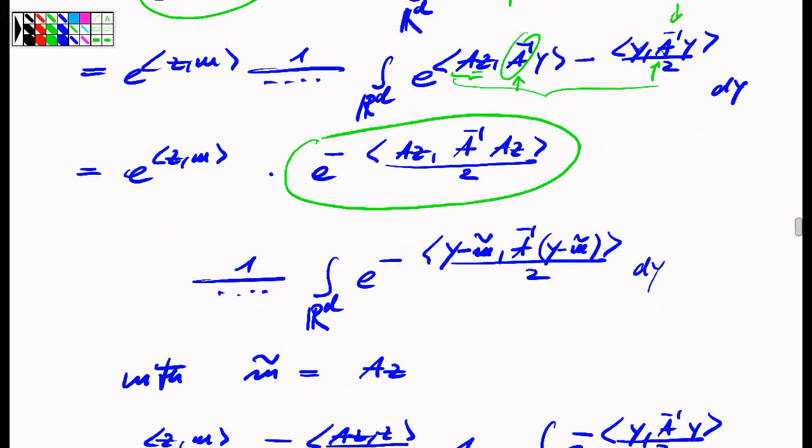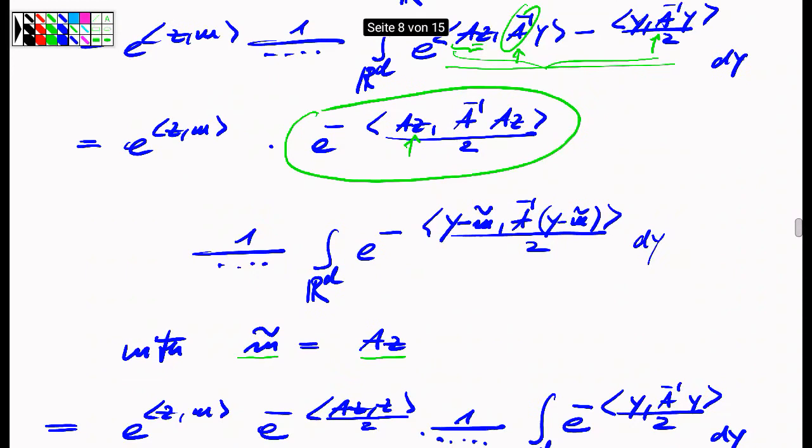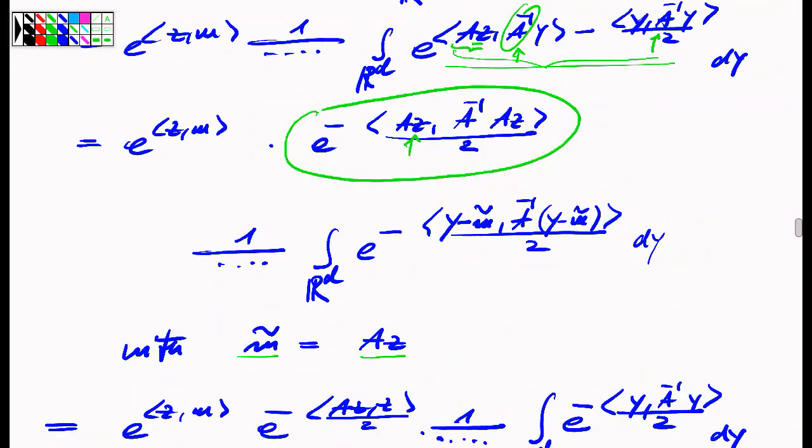I complete the square, and completing the square results in the full binomial term with an m tilde, which is given by this AZ, which is the homogeneous part which was missing in this incomplete square. And what remains in front of the integral is a new factor, which is the correction term for this completion of the square, which is this part above here.